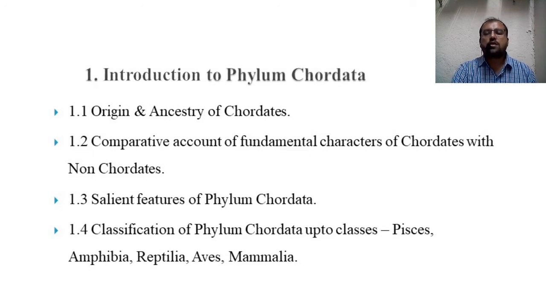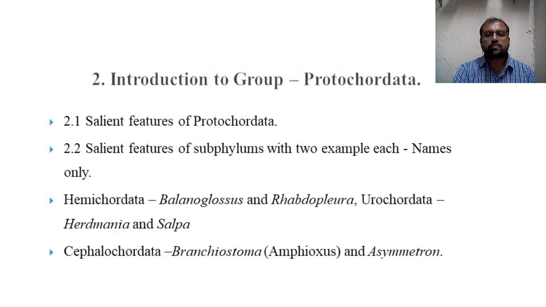Then the second topic of this Animal Diversity Third includes introduction to group. In phylum Chordata there are two groups, one is Protochordata and the second is Vertebrata or Craniata.